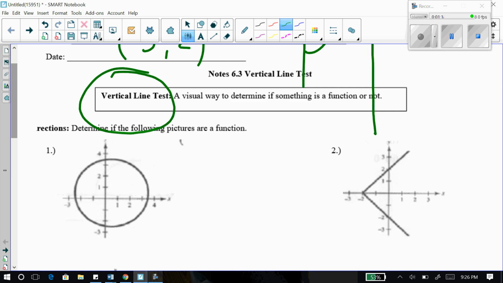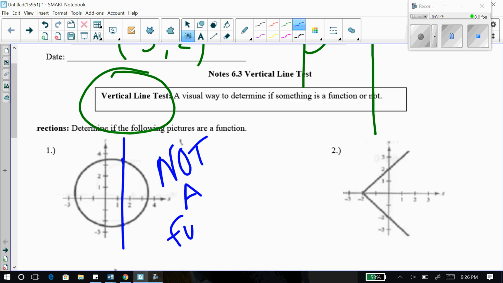So number one, can I draw a vertical line on this graph so that it hits the graph in more than one spot? Yeah, one, two. Because it hits it more than once, this is not a function.